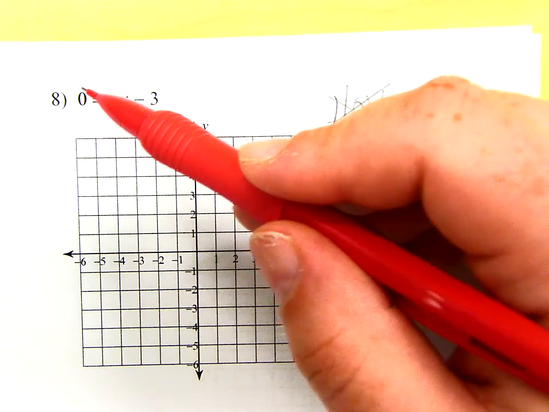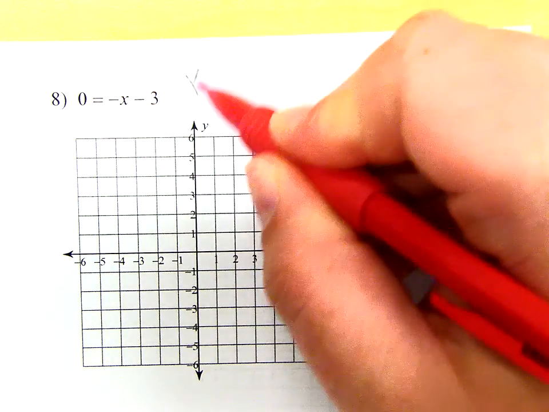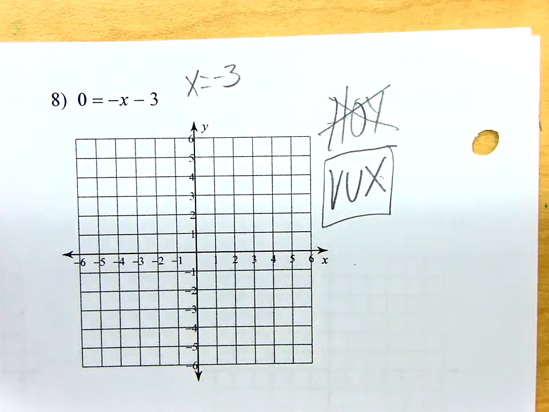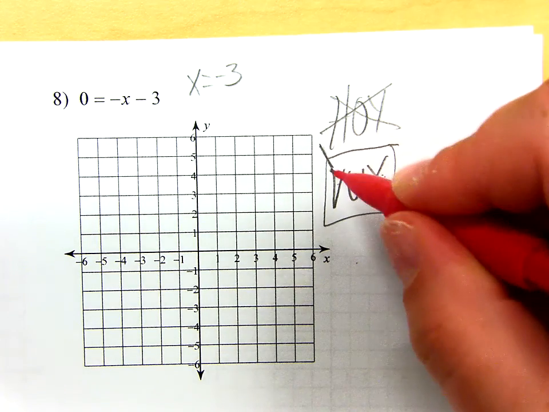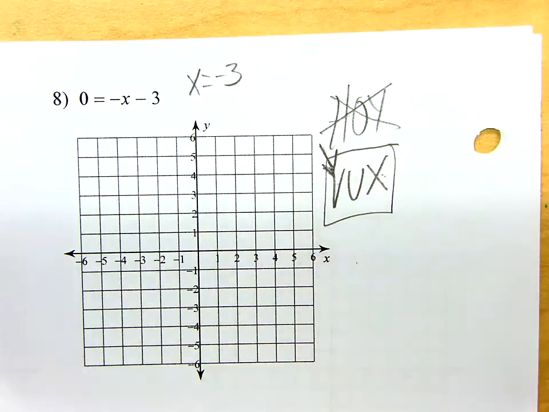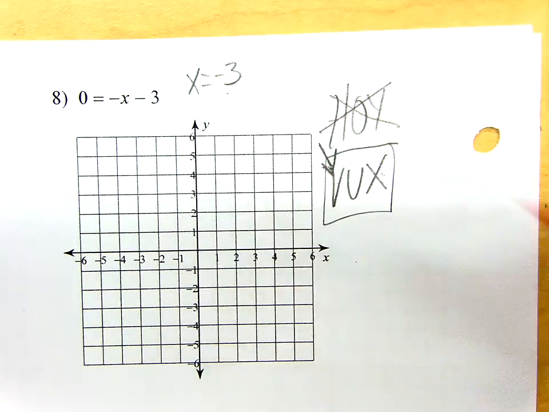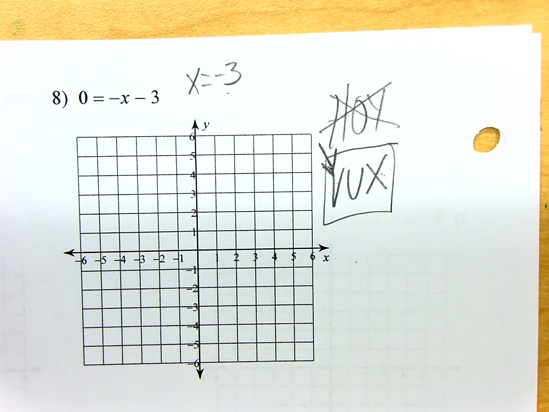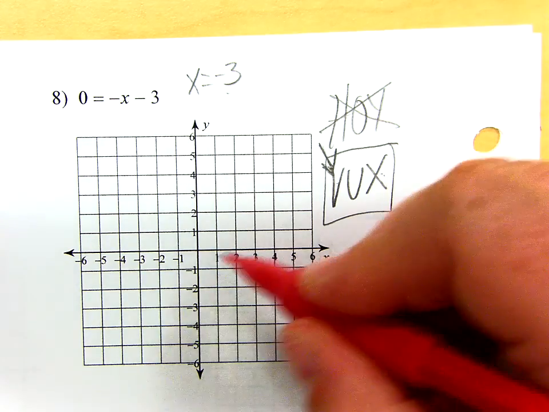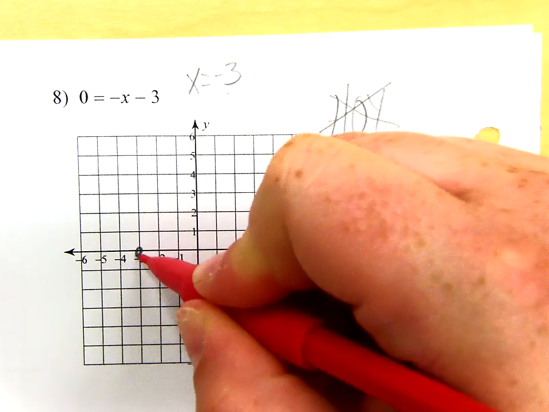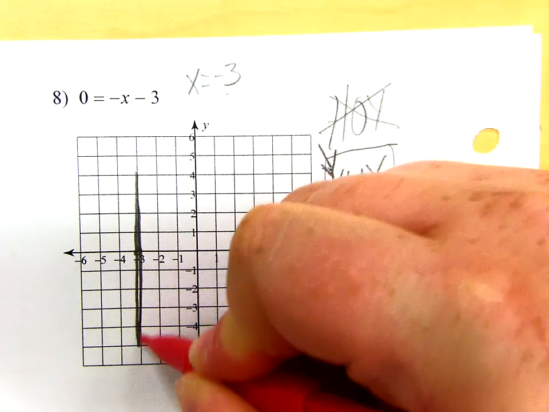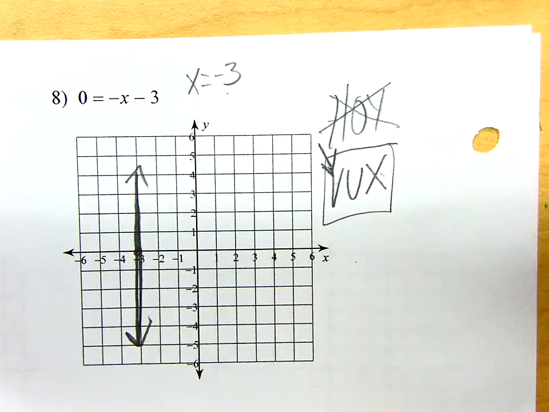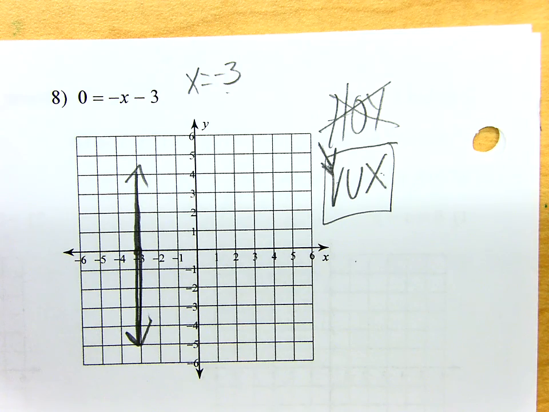I'd add x to the other side to make it positive, and then I just have x equals -3. So now all I have to do is draw a vertical line. Vertical is up and down, where x is -3. That's it. Hopefully you're graphing this line. There you have it.